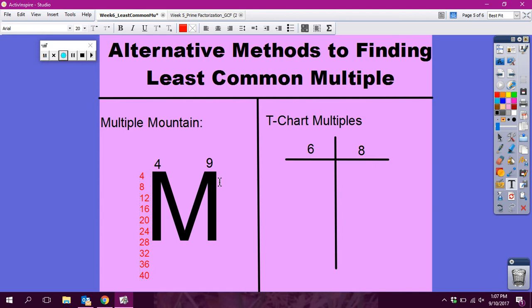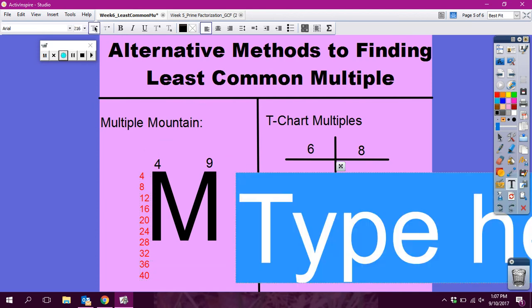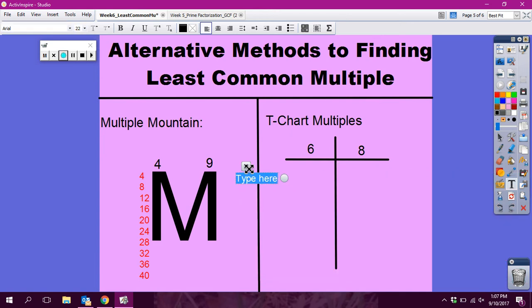And the thing that I don't like about this, you guys, is that it's really easy to make a mistake. It's really easy to skip one of those numbers. So just be careful. Just be aware of how you're counting and make sure you don't skip a number. Okay? And remember, the multiples of 4 will keep going, but I decided to stop after 10 because that's a lot of multiples, y'all.